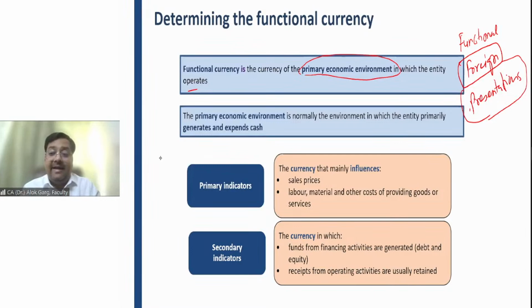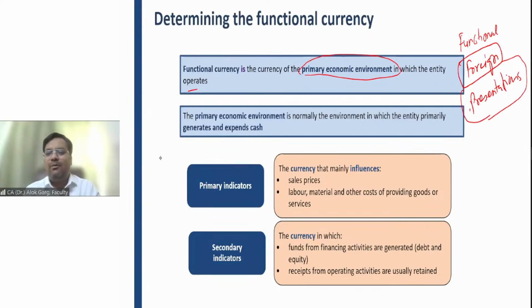But in Ind AS, because Ind AS is an Indianized version of IFRS, this is converged IFRS. IFRS is a global concept, right? So it is more on the basis of substance over form. It says that the financial statement will be influenced by the environment in which the entity is primarily operating, right?